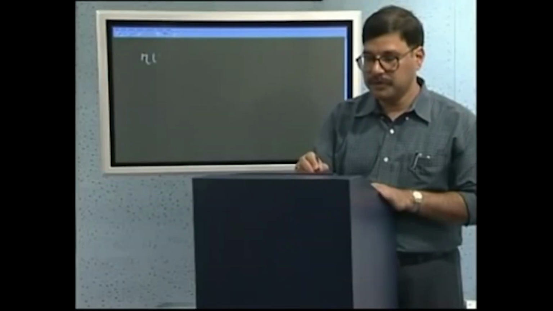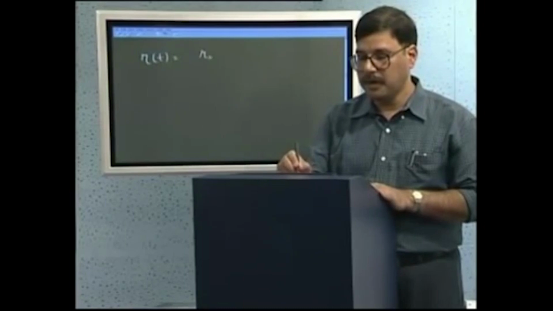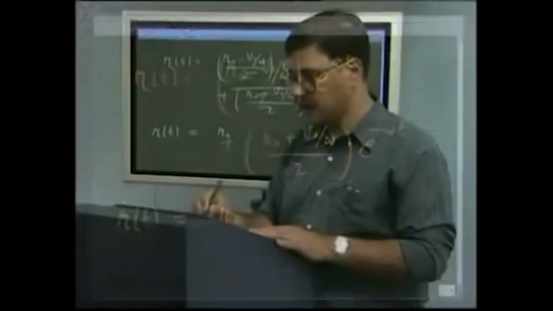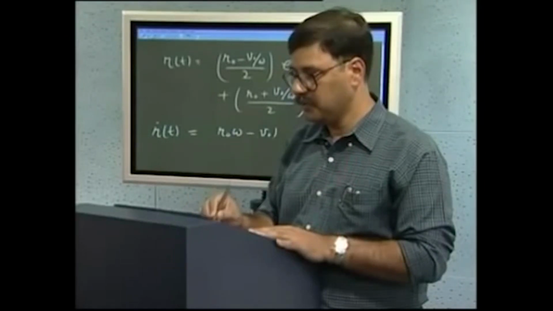So, my solution is going to be r 0 minus v 0 over omega divided by 2 times e raised to omega t, plus r 0 plus v 0 over omega divided by 2 times e raised to minus omega t, and therefore, r dot as a function of time is going to be r 0 omega minus v 0 divided by 2 times e raised to omega t, minus r 0 omega plus v 0 divided by 2 times e raised to minus omega t.